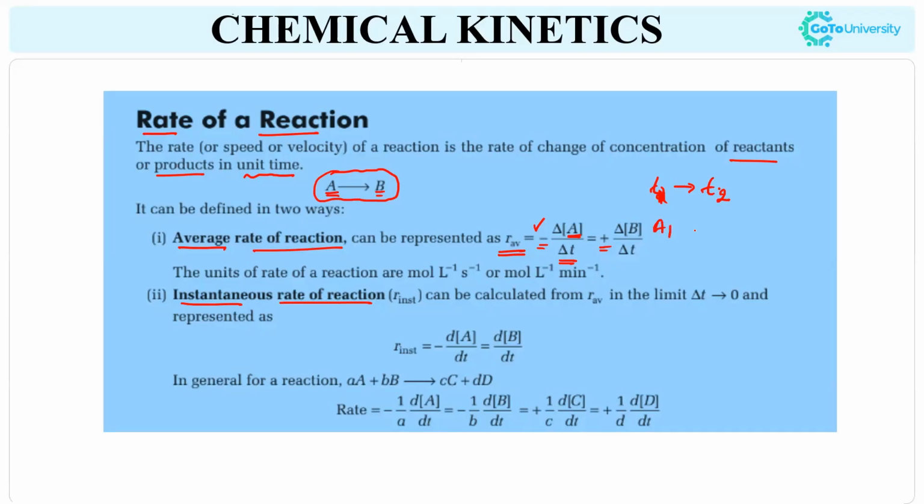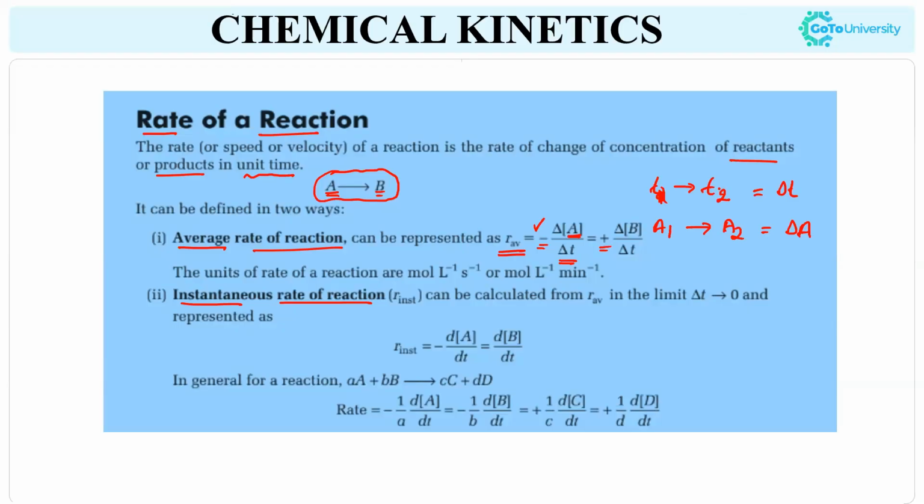Suppose at t1 the concentration was A1 and at t2 the concentration was A2. The change in concentration will be delta A and the change in time will be delta t. So for the average rate we take a particular time interval, and for the product it is the same: at t1 it may be B1, at t2 it may be B2, so the change in concentration with respect to the change in time.